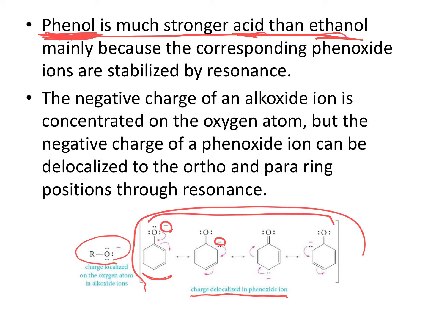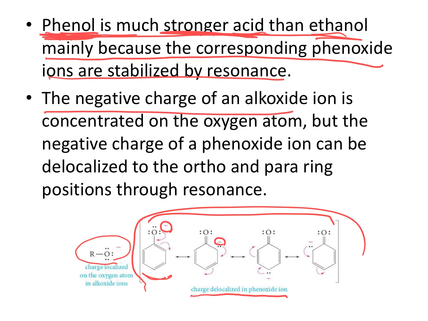Okay, so basically what I just said, phenol is a much stronger acid than ethanol, mainly because the corresponding phenoxide ions are stabilized by resonance. And the negative charge of an alkoxide ion is concentrated on the oxygen atom. Remember, alkoxide was the conjugate base of alcohol, right?